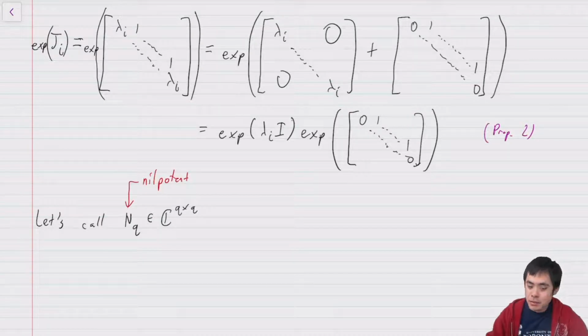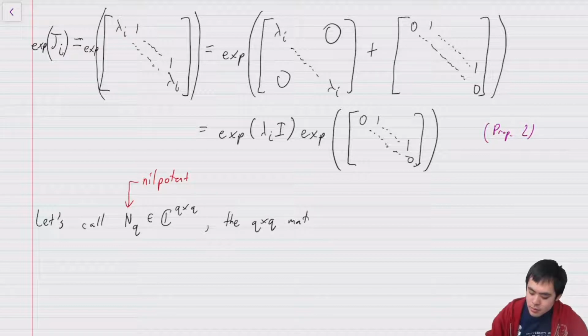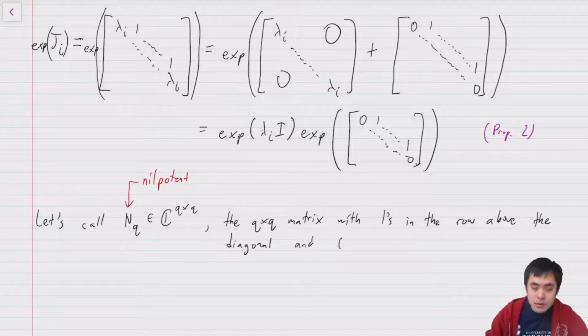So N sub q is the q by q matrix with ones in the row above the diagonal and zeros everywhere else.